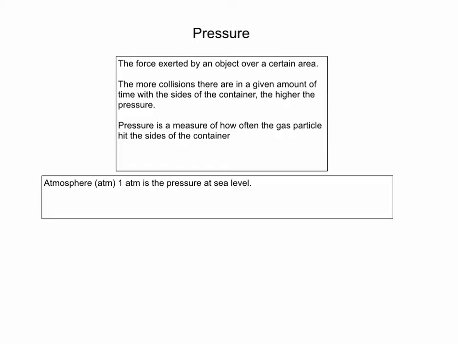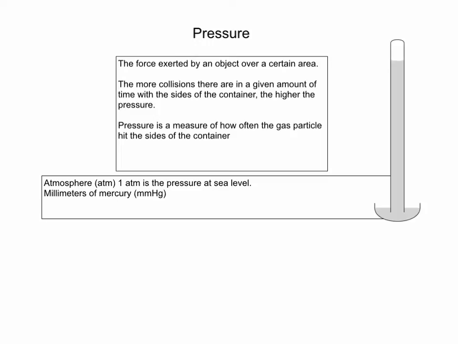We also have a few other units. We can also use millimeters of mercury. And this is abbreviated mmHg. And the unit millimeters of mercury comes from when barometers use mercury, a liquid metal, to measure pressure.